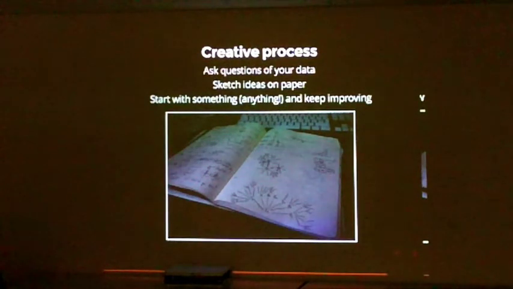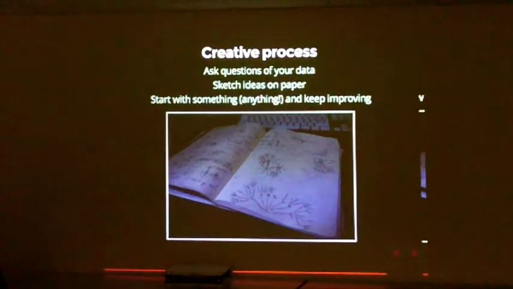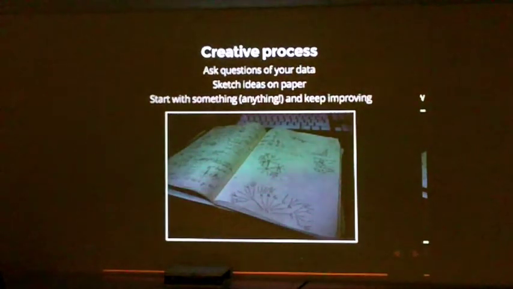With any creative process, there's that whole staring at a blank page and not knowing what to do. I was doing this the other day with a really small set of data. You think, well, there can't be different ways of looking at this, but you start even with a bar chart, just draw it, and then look at it and think, how can I improve that?